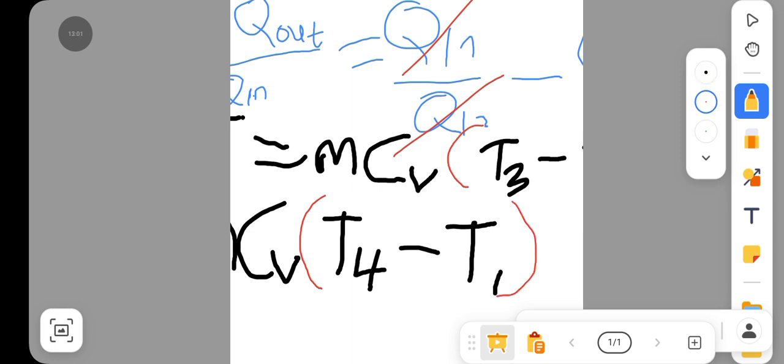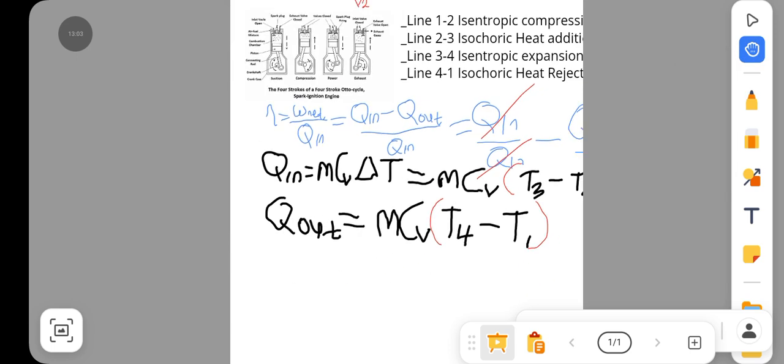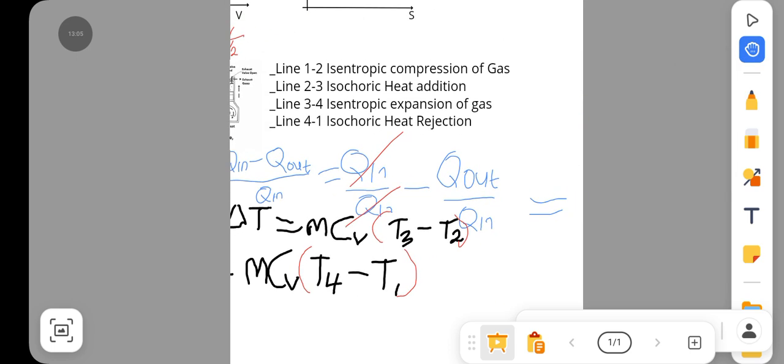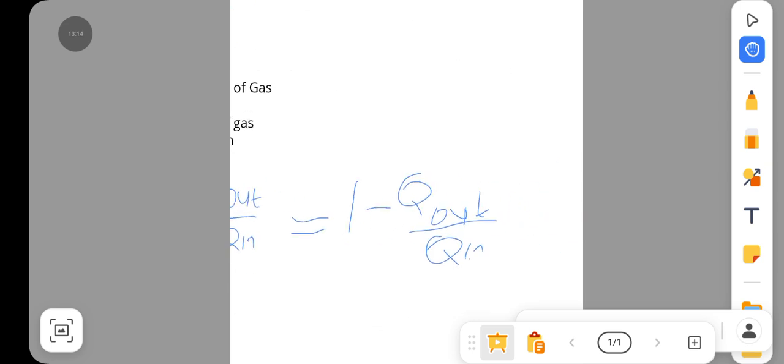Now that we know our formulas for Q in and Q out, we just substitute them into our equation, 1 minus Q out over Q in.